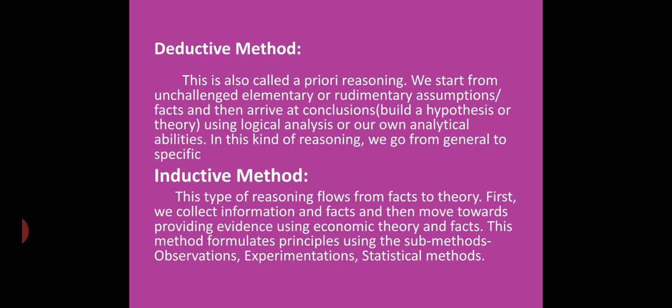In this kind of reasoning we go from general to specific. So in the deductive method, you can predict in advance how it goes to end, what will happen in future.